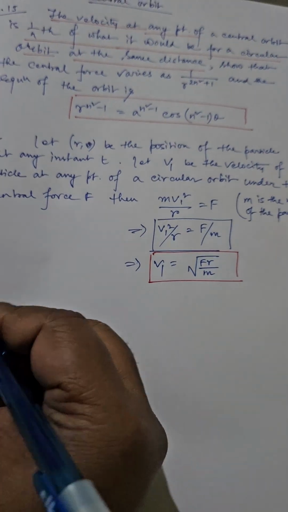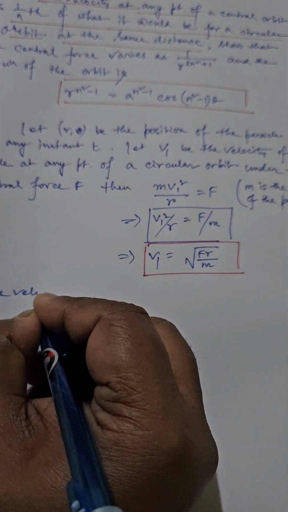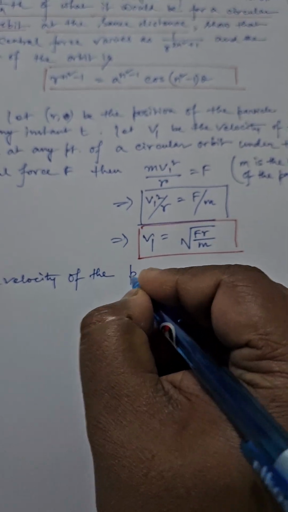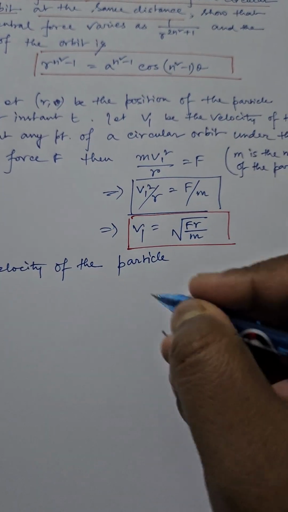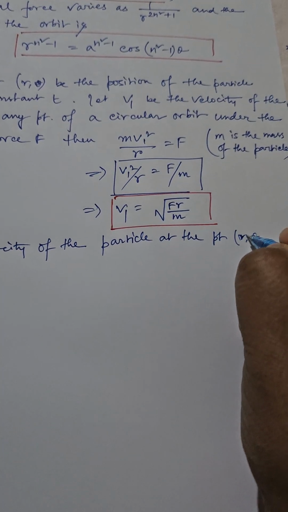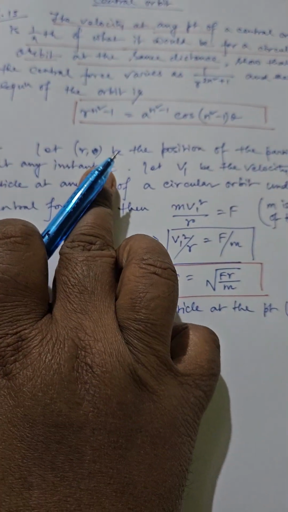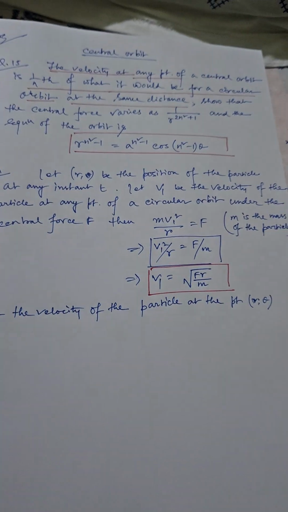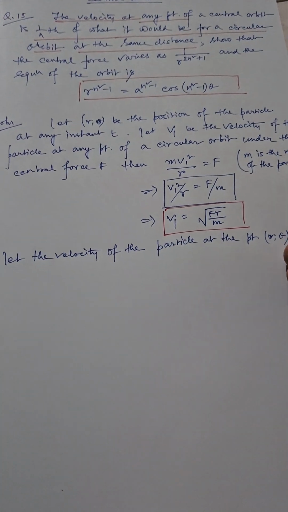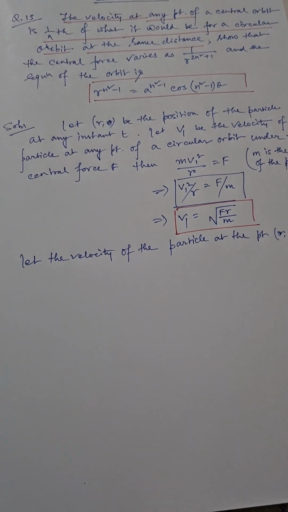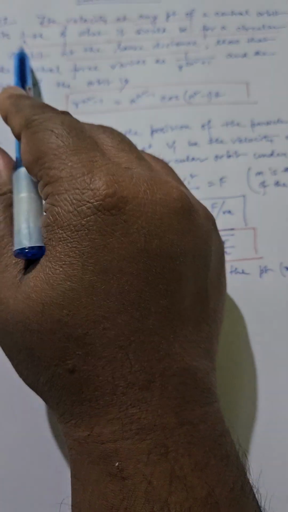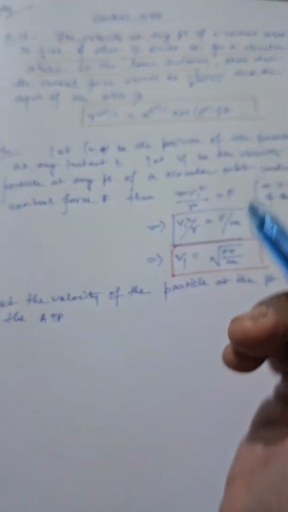Now let the velocity of the particle at the point r theta, because you have initially chosen the position of the particle as r comma theta, so we can say the velocity of the particle at the point r theta is small v. Then according to the problem, 1 by nth of what it would be for a circular orbit.